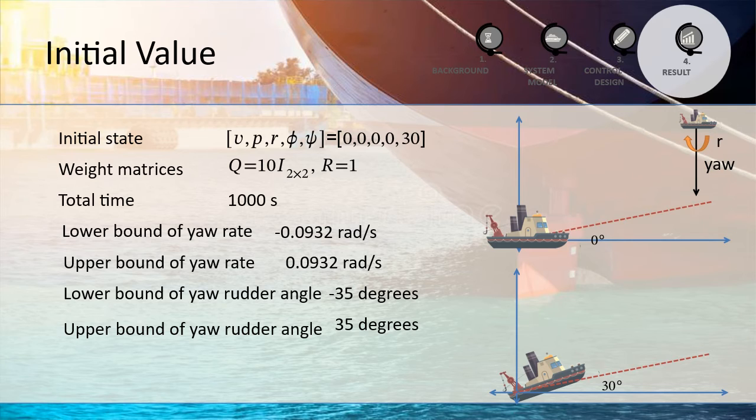The lower bound of yaw rate is minus 0.0932 radian per second, and the upper bound of yaw rate is 0.0932 radians per second. The lower bound of the rudder angle is minus 35 degrees, and the upper bound of the rudder angle is 35 degrees.